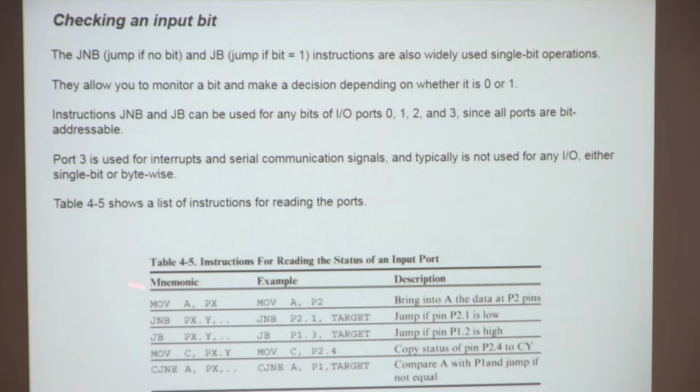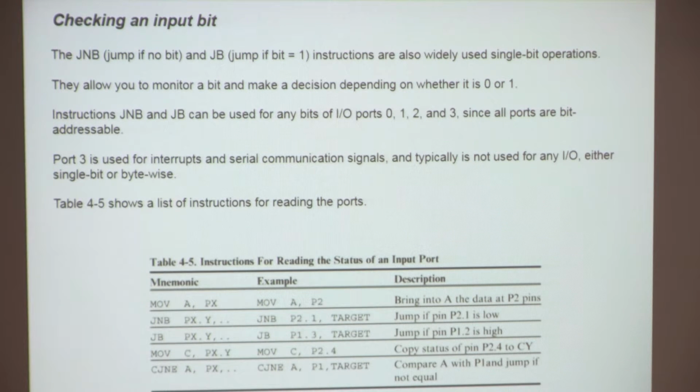So basically jump not bit will be reading from a port because it's checking the port. It's monitoring a specific port. The same with jump if bit on pin 1.2 is high, then there's my target once again. That's what I'm going to do. Now obviously that depends. If it is a 1, I go to the target. If it's not a 1, remember with the programming, it goes through. That's a decision, either one way or the other way. You can only go two ways.